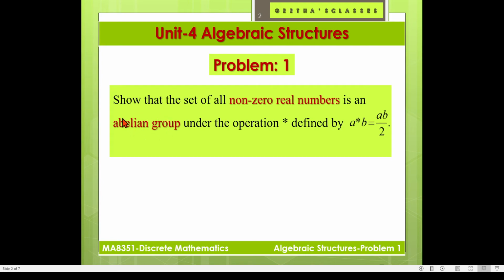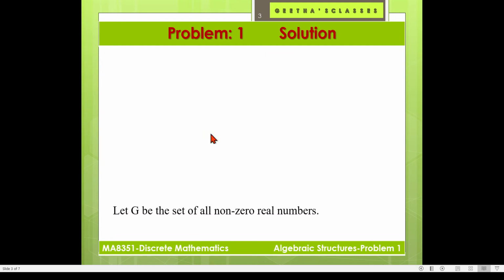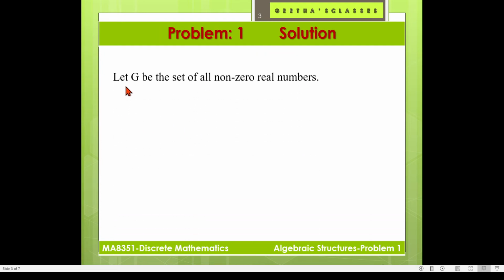So along with that, it should satisfy the commutative property also. We have seen the definition of an abelian group in the last video. So we are going to find whether this set is an abelian group or not. Let us see the solution for this problem. Let G be the set of all non-zero real numbers.